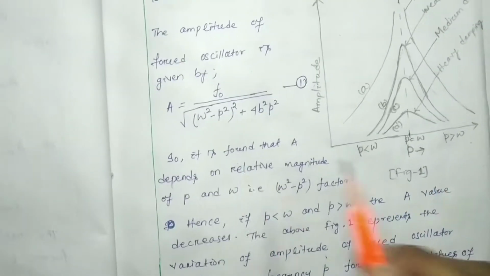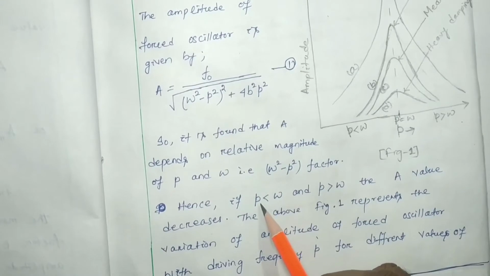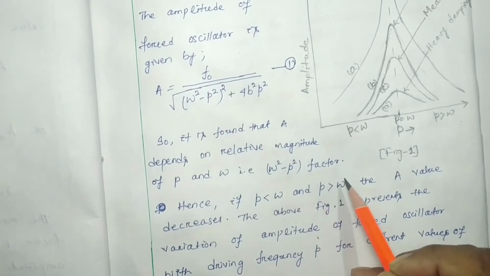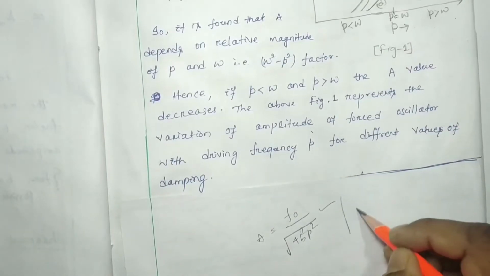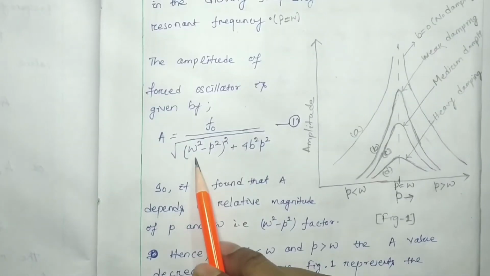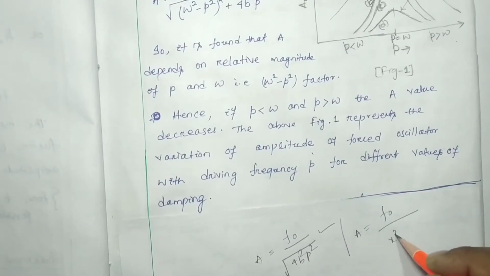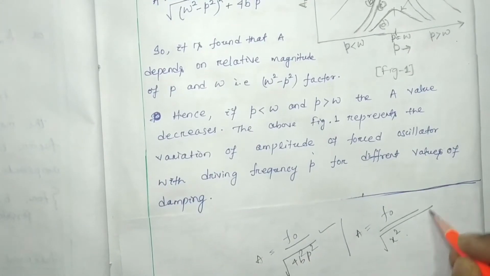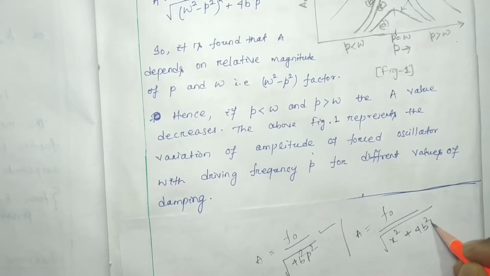But whether we consider P less than omega or P greater than omega, an additional term will come into the picture at the denominator. Suppose this is omega square minus P square, suppose x square, an additional term came into the picture.